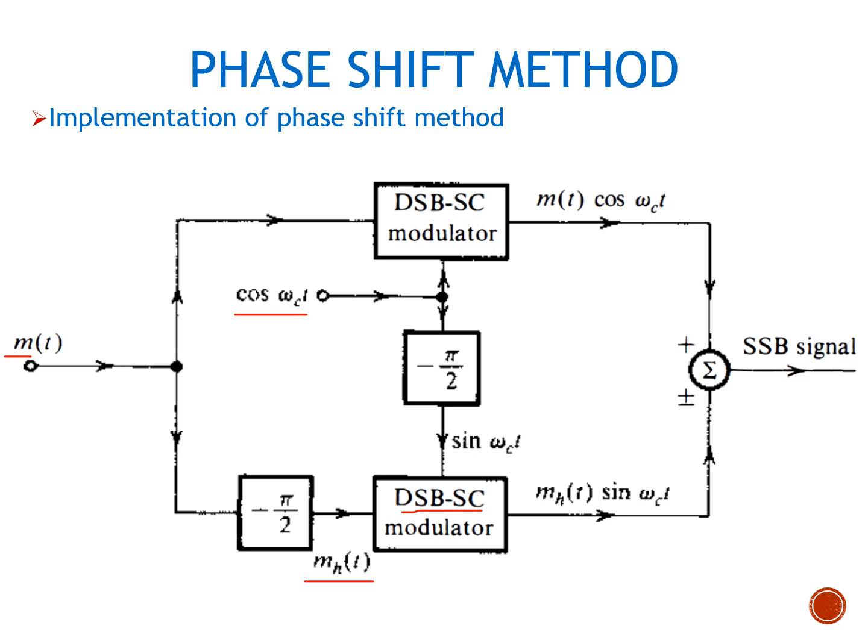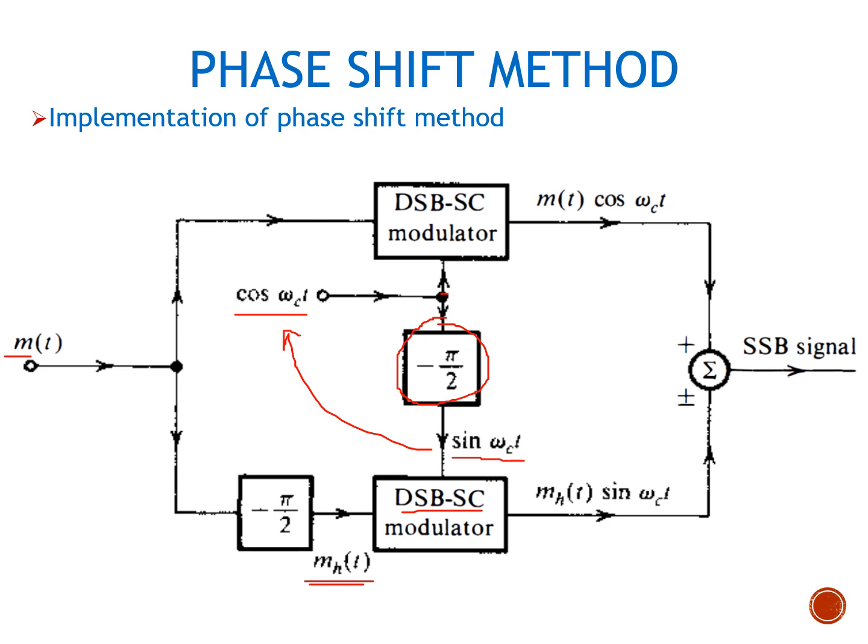Now as we saw in the expression, with m_h(t) the carrier that multiplies is sine omega_c t, so this sine is shifted by pi by 2 from the cos. That's why we have a phase shifter in the path between this point and the double sideband suppressed carrier modulator.